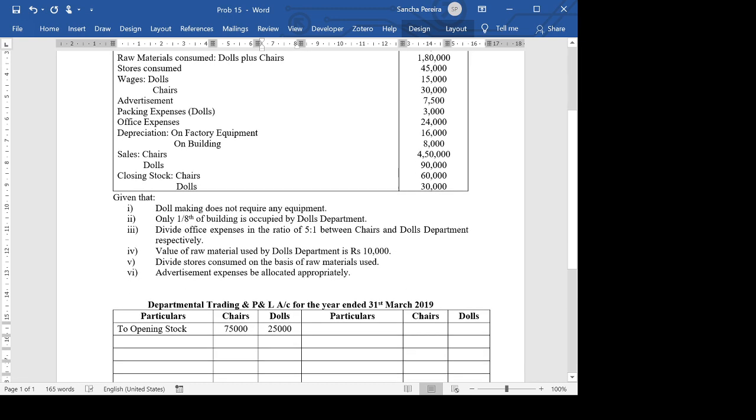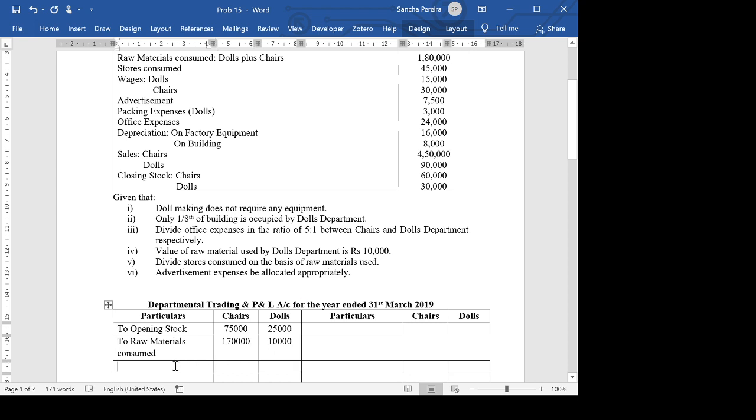Now here it is just given as 1,80,000, but we know that they have already told us the raw materials consumed. They've told us the value of raw materials used by dolls is 10,000. So out of 1,80,000, 10,000 is used by dolls. So 10,000 will be here, and the remaining 1,70,000 will come for chairs. Okay, how did I get this? Because of this adjustment. So 180 minus 10, we get 1,70,000.